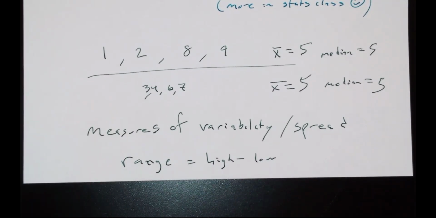This is the simplest possible calculation I can do that will tell me the difference between these two data sets. The range in the top data set is 8, and the range in the bottom data set is 4. They're substantially different in that fashion.